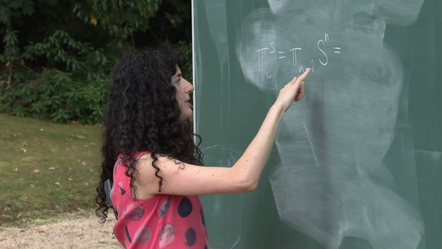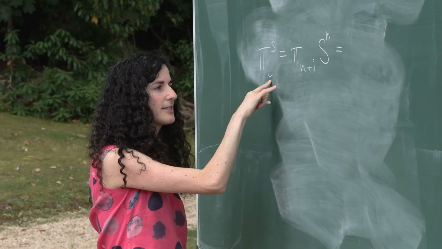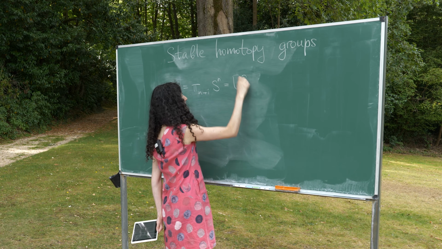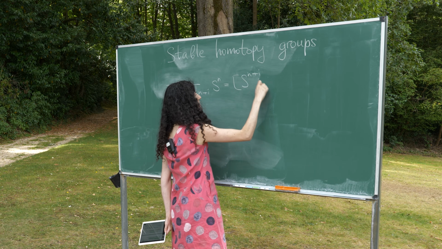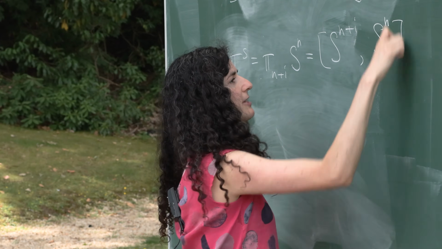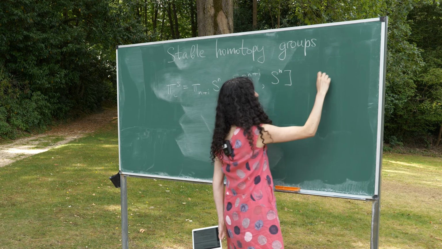The ith stable homotopy group of spheres is given by π_{n+i}(S^n). That is the classes of maps from the sphere of dimension n+i to the sphere of dimension n when n is big enough.